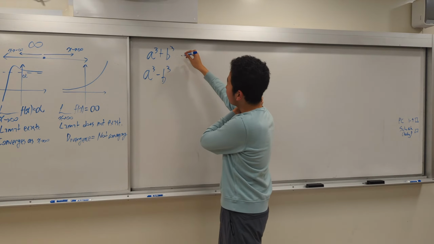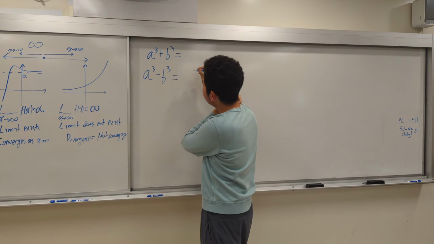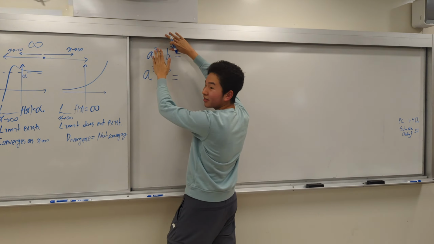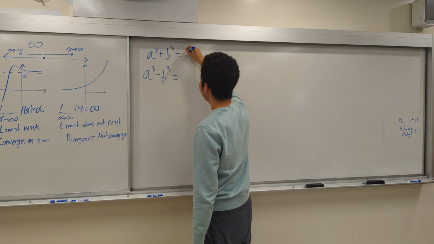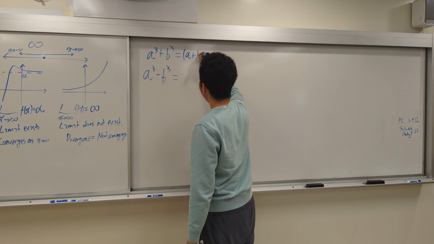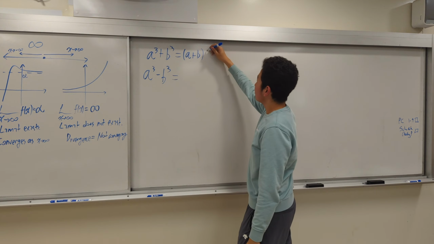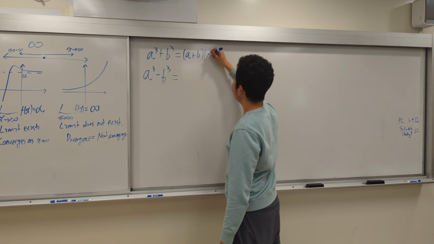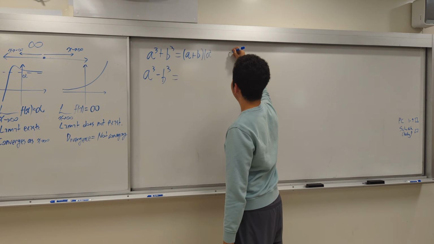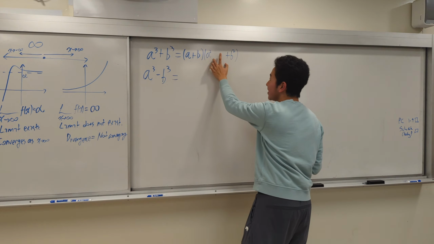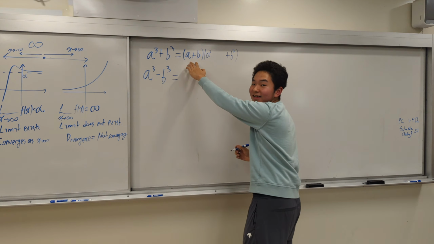Okay? What we're going to do is, first, we're going to ignore the cubes and just write a plus b here. Guys, watch. A plus b. Okay? And then we're going to square a and square b and then add them both. And then in the middle, we're going to multiply these and flip the sign.